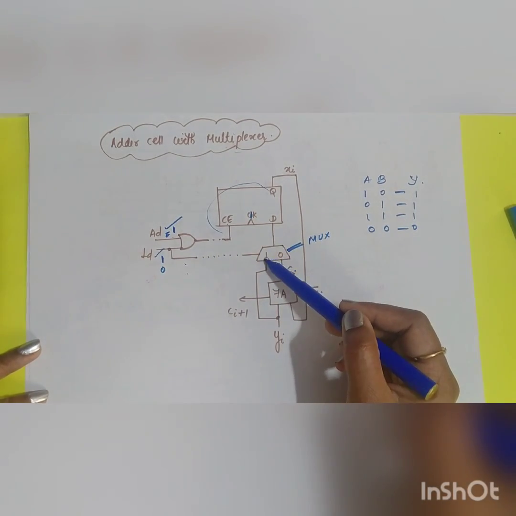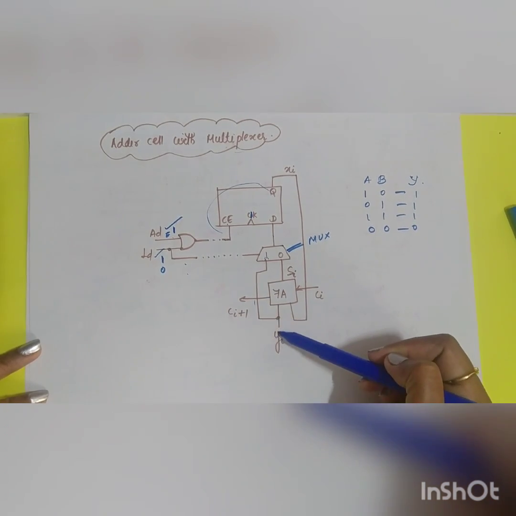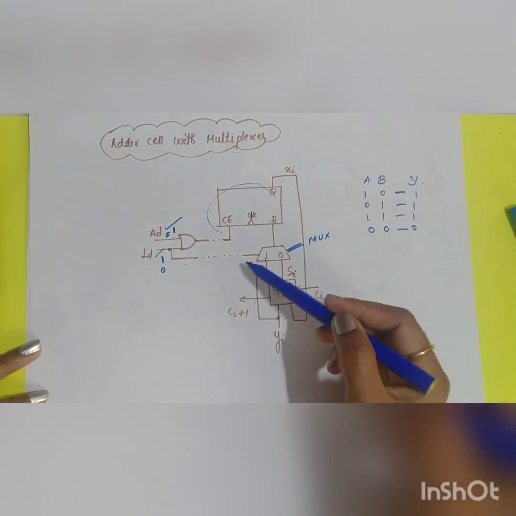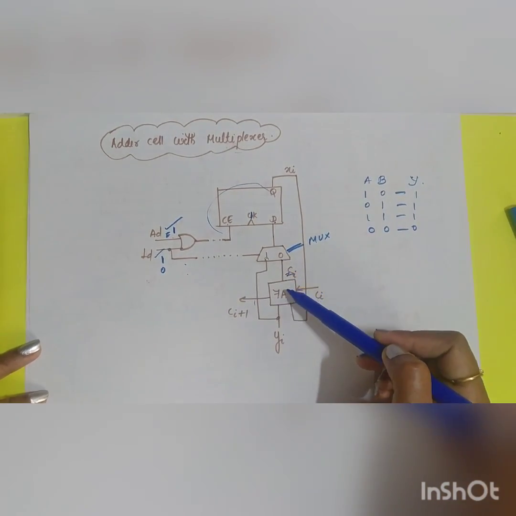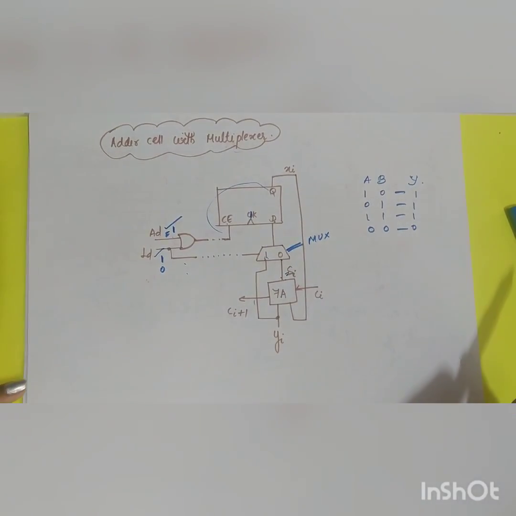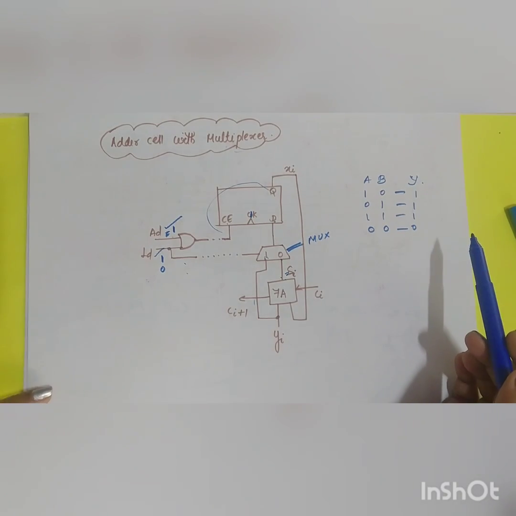If 1 is selected, it will take the data input, that is yi, directly, and load it to the register. Whereas if load is equal to 0, it will take the sum of the two inputs, that is, the full adder output will be loaded to the accumulator. So this is the working principle of your adder cell with multiplexer.